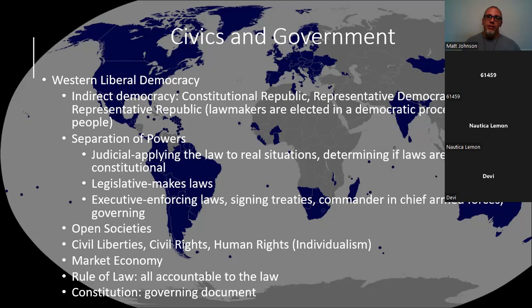But the idea there is largely just semantics, and in today's world, it's a waste of time. So, whatever you want to call it, a constitutional republic, a representative democracy, a representative republic, as an indirect democracy, we elect lawmakers in a democratic process that's by the people.